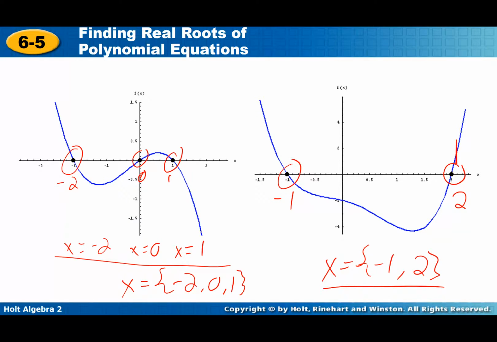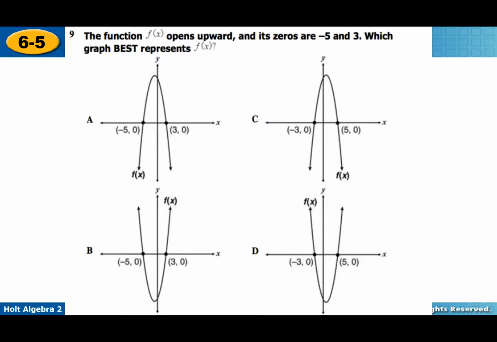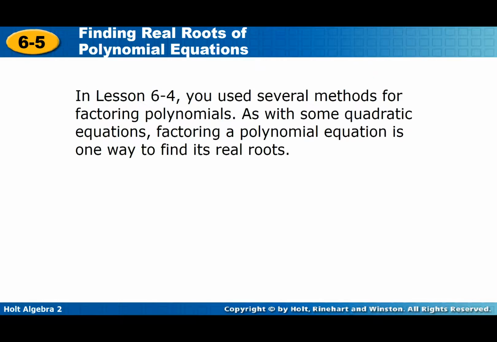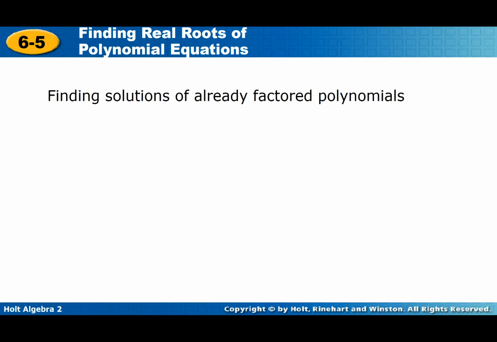Some of these questions I'm going to skip, but you're welcome to look at them. As long as you can look at a graph and know where it's crossing the x-axis, you know how to do that much of it.